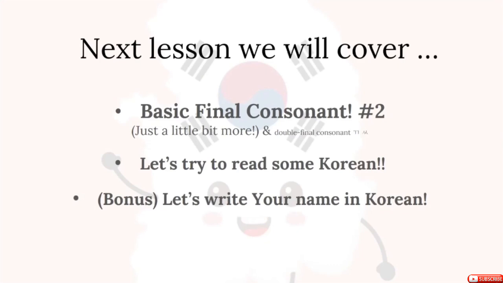And then we'll cover the double final consonant, just a little bit. And after learning the final consonants, you're almost done. You can read maybe 70-80% of Korean words, or even more.